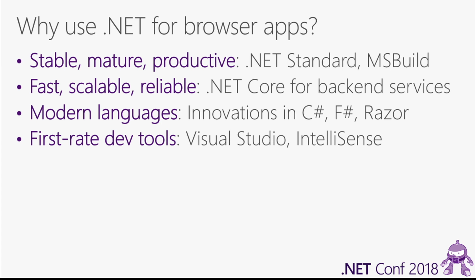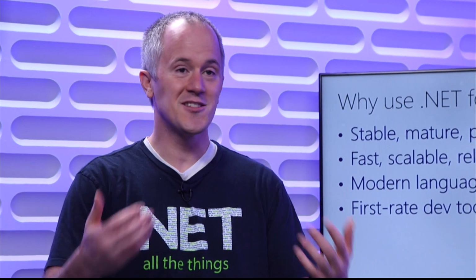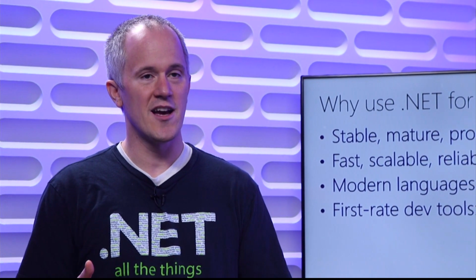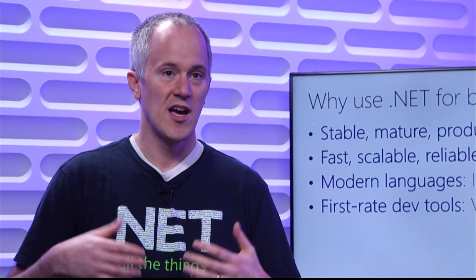.NET is also fast, scalable, and reliable. You can use .NET Core for your backend services and get phenomenal performance. .NET also has modern, innovative languages. C#, F#, and Razor are getting a constant stream of new and innovative features. And of course, the tooling in .NET has always been first-rate. You have Visual Studio, IntelliSense, and great debugging.